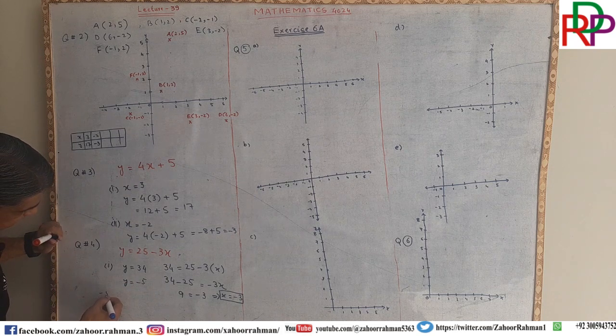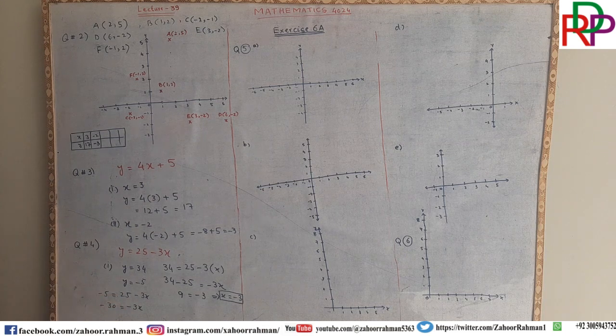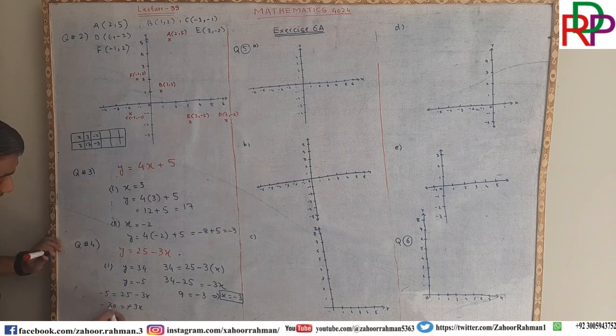So minus 5 is equal to 25 minus 3x. So it will be minus 30 and minus 3x. When we are bringing this 25 on this side, it will become minus 25, and minus 25 and minus 5 is minus 30. This minus can be cancelled directly, and 3 tens are 30, so x is equal to 10.